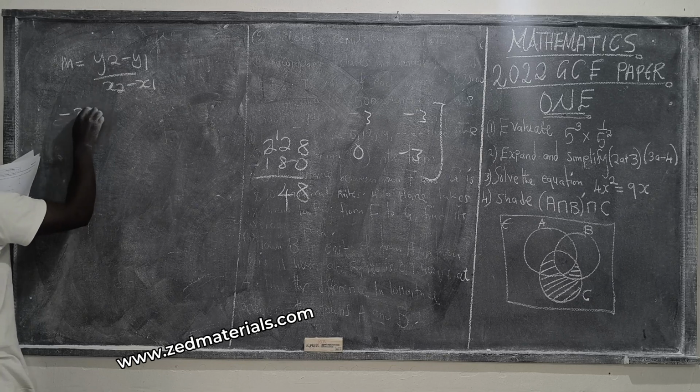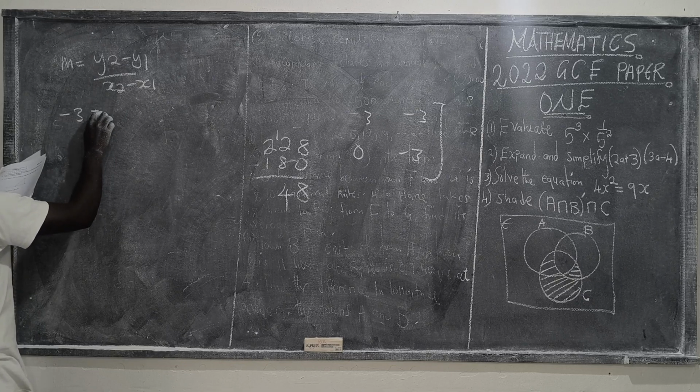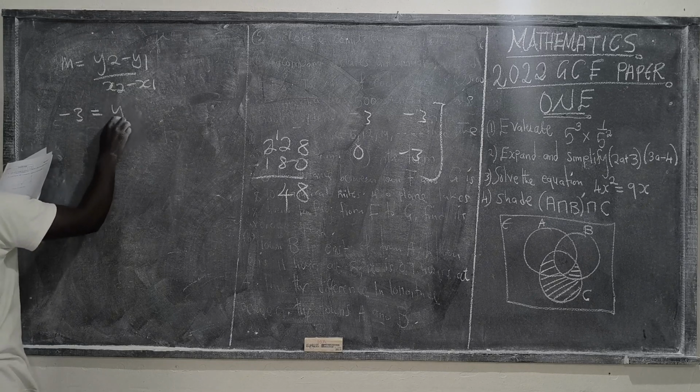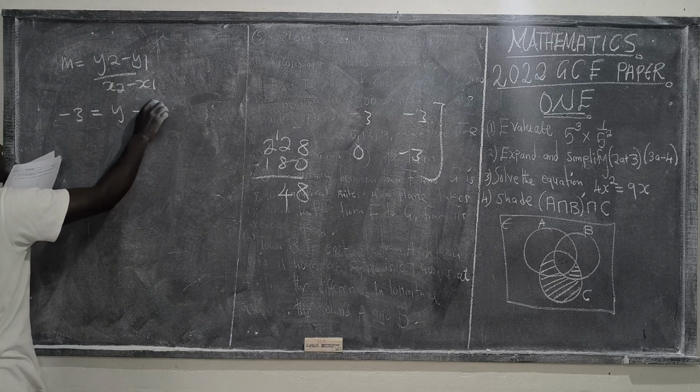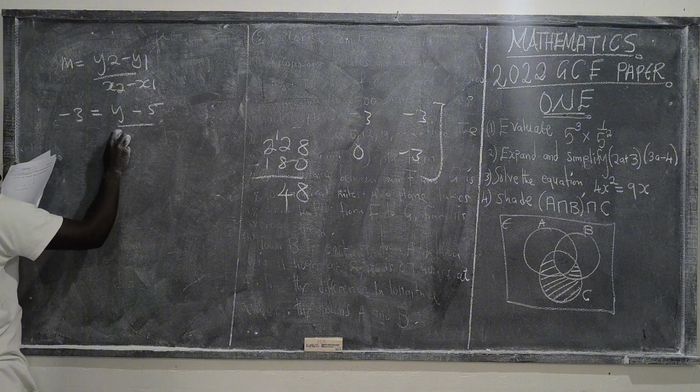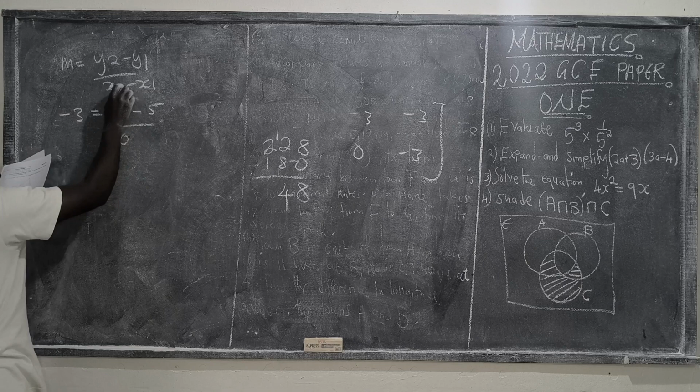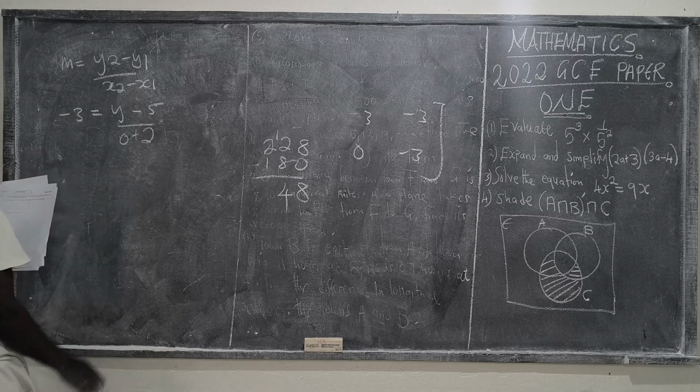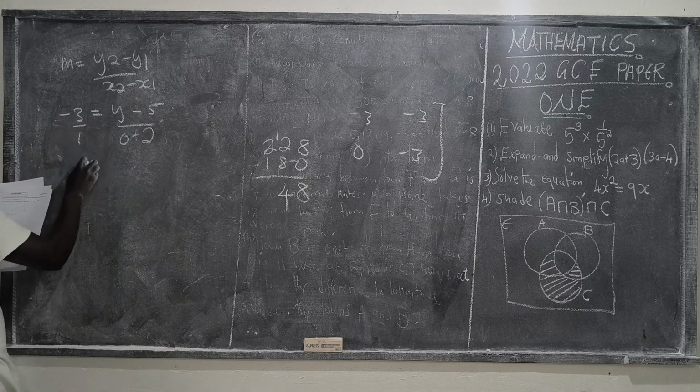So just say negative 3 is equal to, what is your y2? Your y2 there is y minus y1, which is 5, over, what is your x2? It is 0. Your x1 is negative 2. So negative multiplied by negative is positive 2. Then you cross multiply. 1 multiplied by y is y.